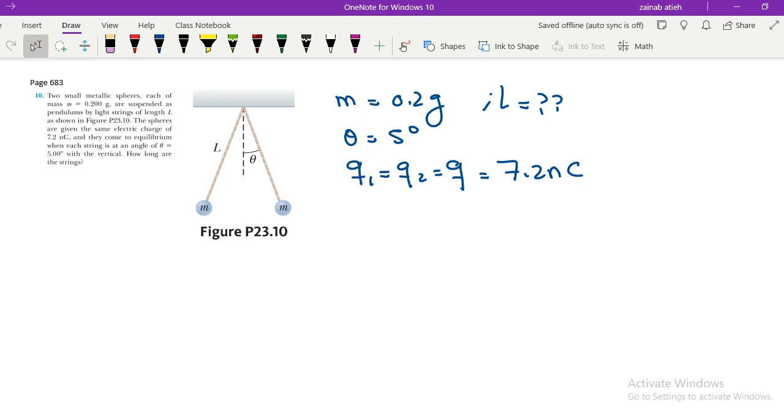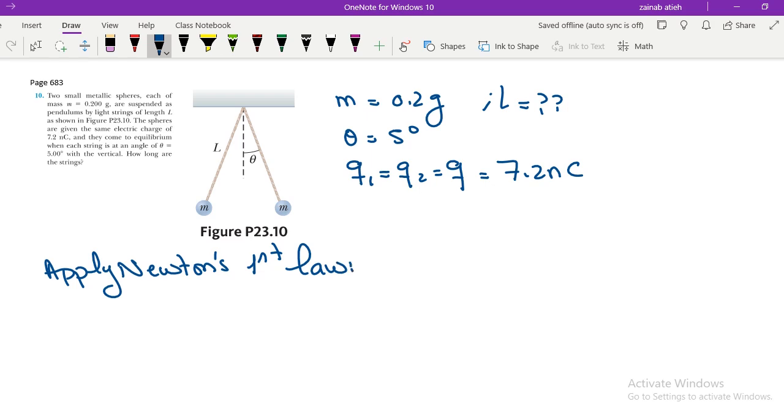I will try to find the forces acting on this ball and equate them to 0, because according to Newton's first law, the sum of forces acting on each ball will be equal to 0, and I will make use of that in order to find the length of the string. Okay, so let's apply Newton's first law.